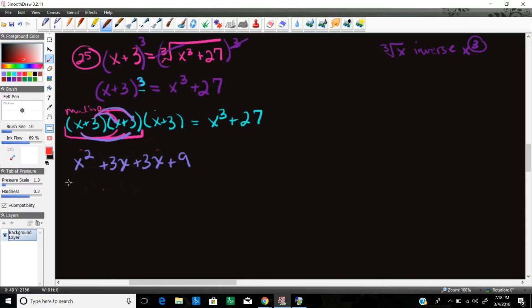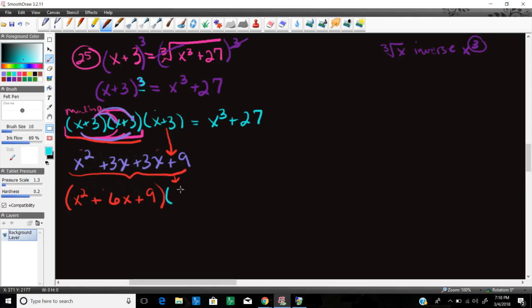Okay, so combining all this, I get x squared plus 3 plus 3 is 6x. That's where I got that 6 from earlier. I was getting ahead of myself. Plus the 9. Okay, so we have all that just from these two right here. I'm going to go ahead and bring this one down, and I'm going to multiply that one next.